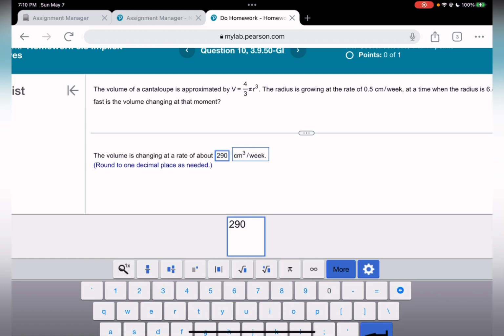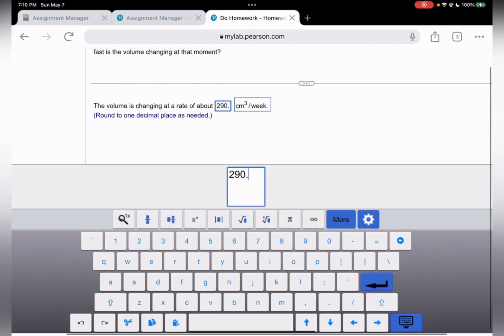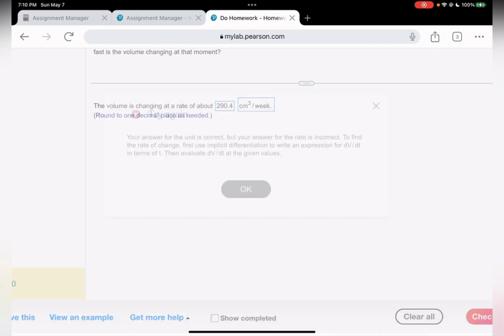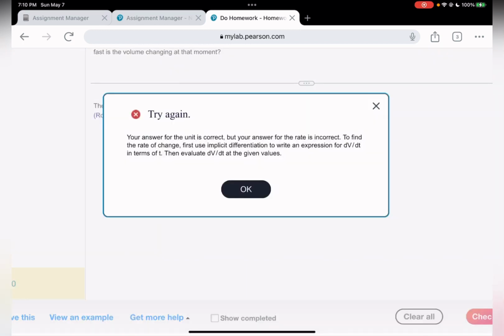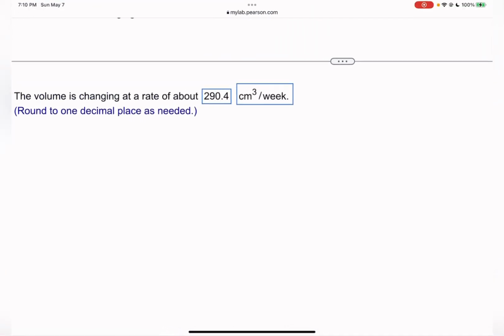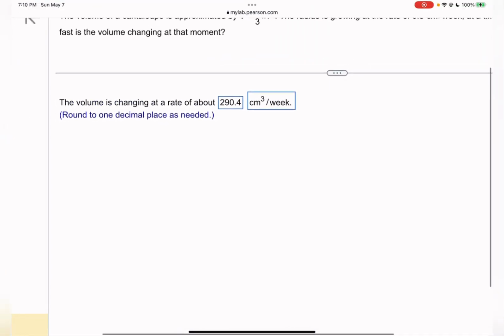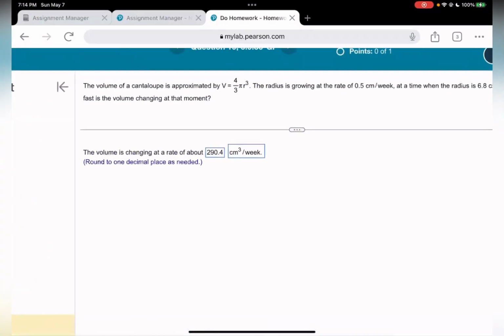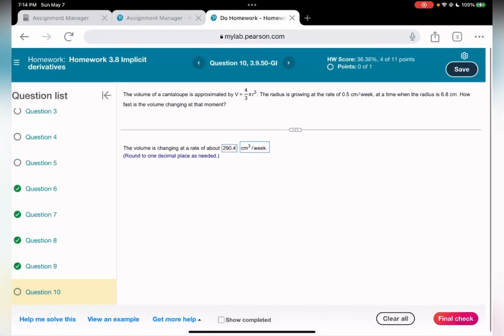Where is my 0.4? Okay, I rounded it to 4 decimals. Okay, I'm opening the final check.